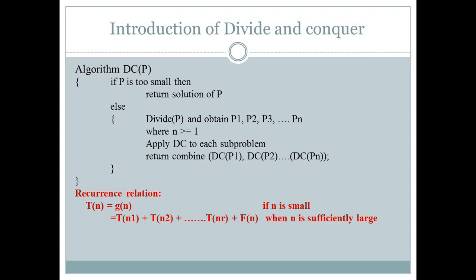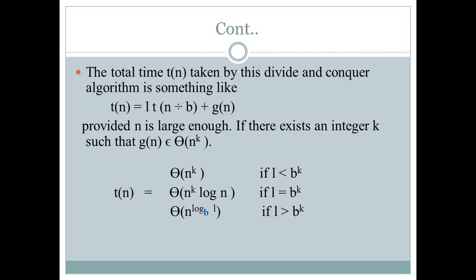For that, our solution, or we can say our time complexities, will be n raised to k in case of a is less than b raised to k, n raised to k log n in case of a is equal to b raised to k, and the time complexity will be n raised to log a at the base b in case of a is greater than b raised to k.